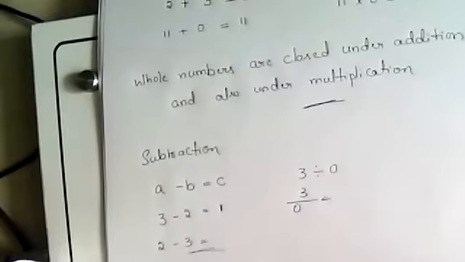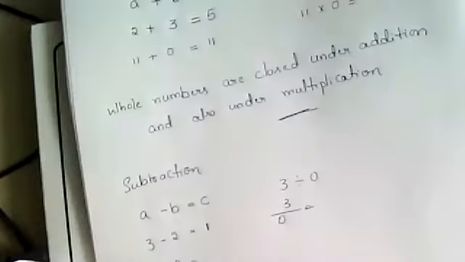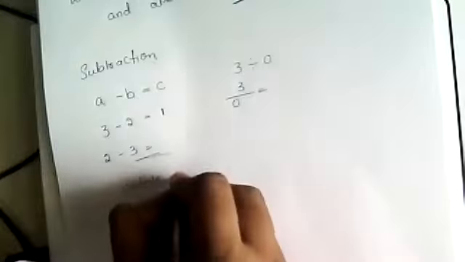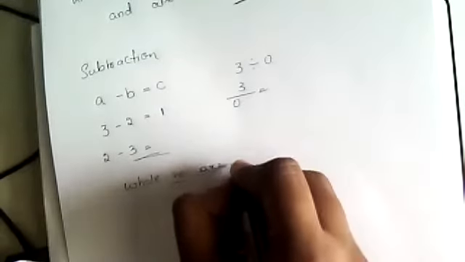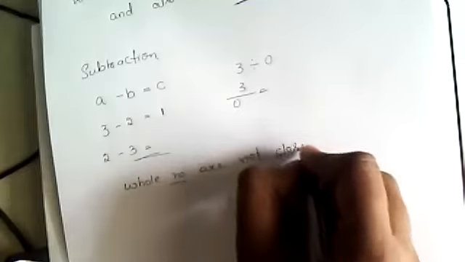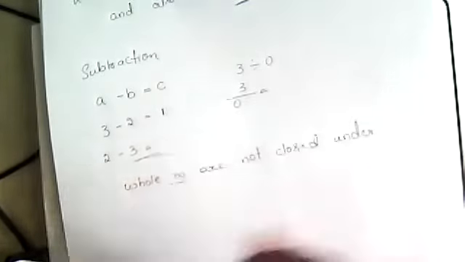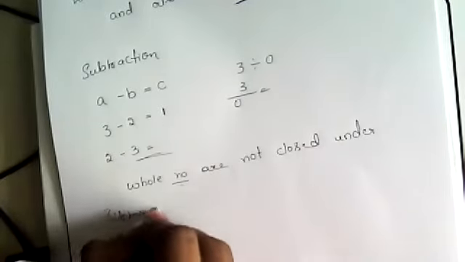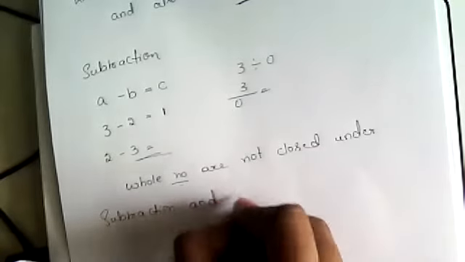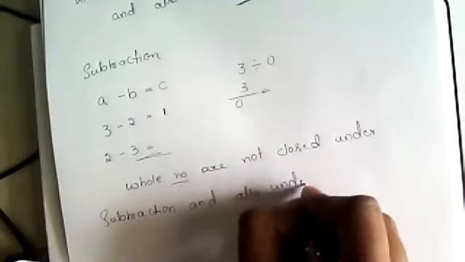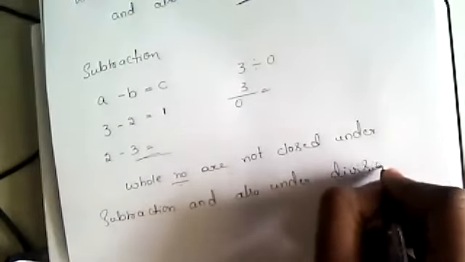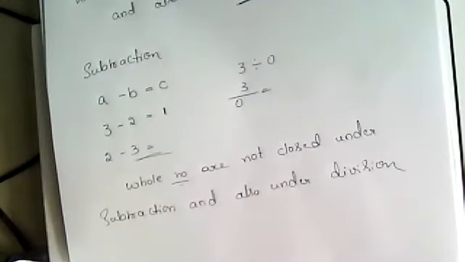So we can say that whole numbers are not closed under subtraction and also under division. Okay. So we can conclude that whole numbers are closed under addition and also under multiplication.